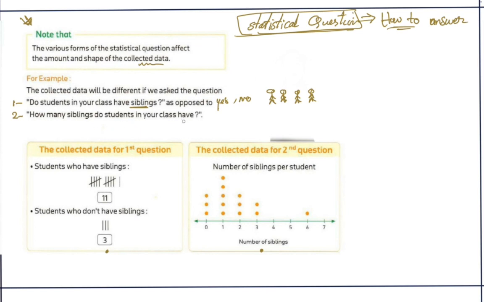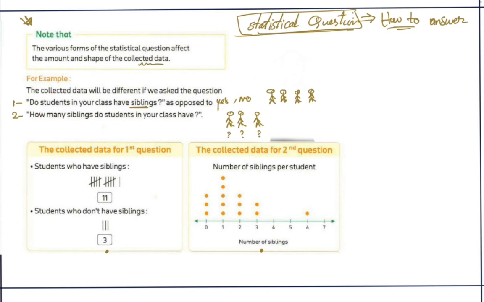This one is different from the first one. Why? Because here, he needs to find the number of siblings every student has. Also, you need to ask everyone, but about the number of siblings each one has. And then make a data chart.